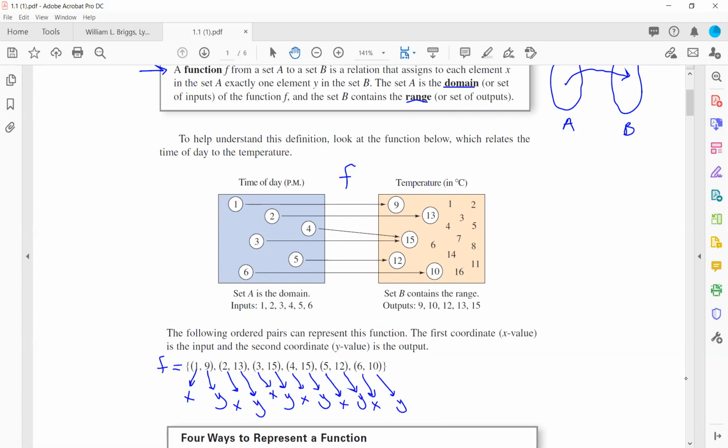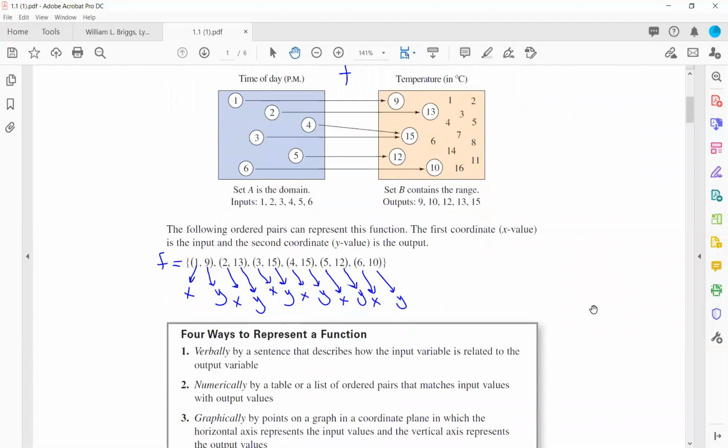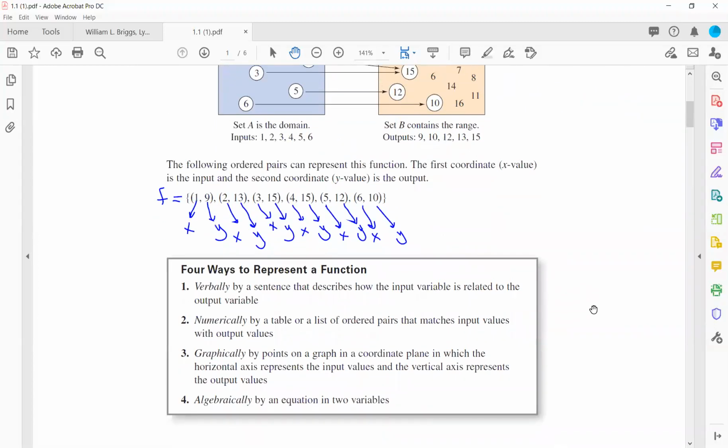When we have more points, infinite numbers of points, we prefer to use formulas. Different ways to represent a function. First, you can use a sentence and describe your function.